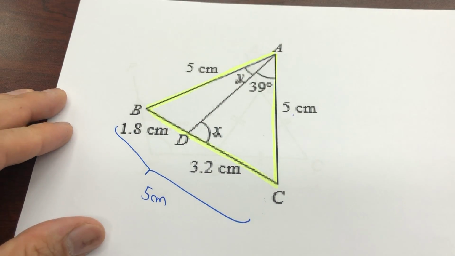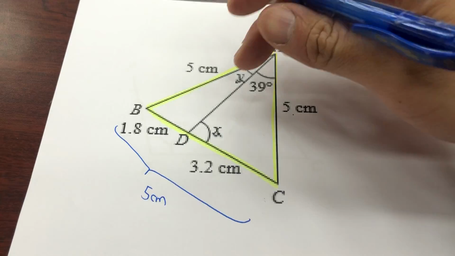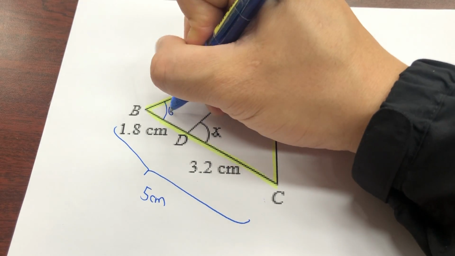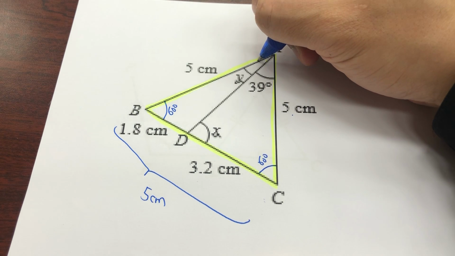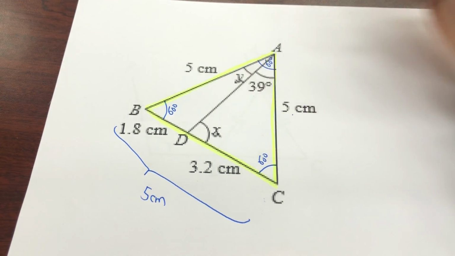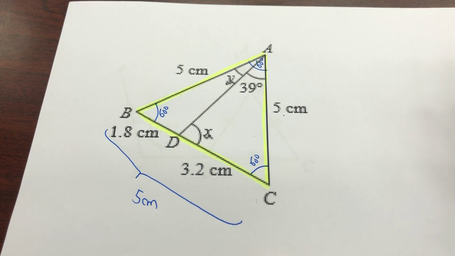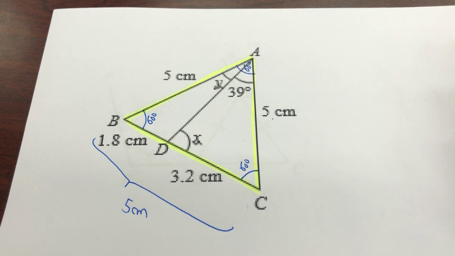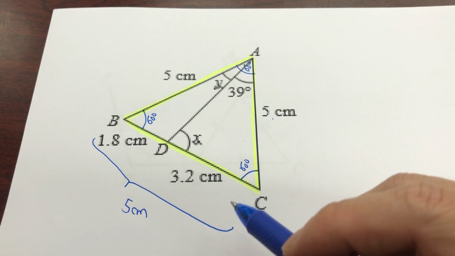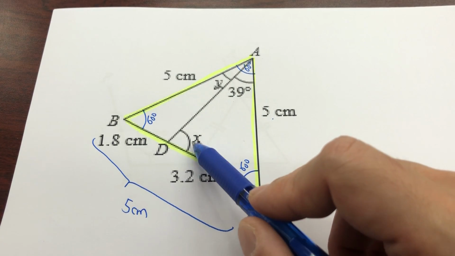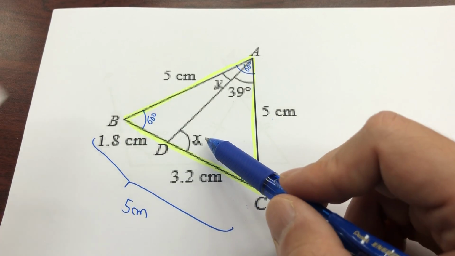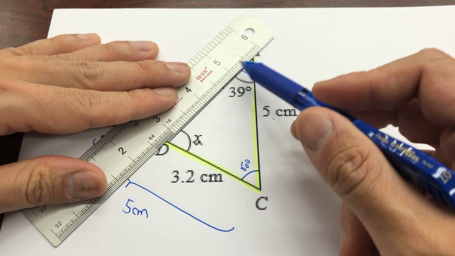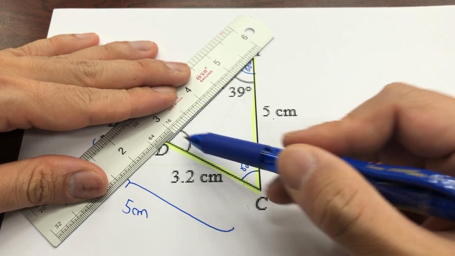Okay? So that means all the angles, this one is 60, this one is 60, and also this one is 60, because it is the property of equilateral triangle. Now, there are two things that we have to find. We have to find x first. x is an angle inside this triangle only.